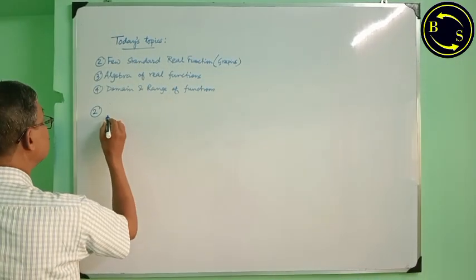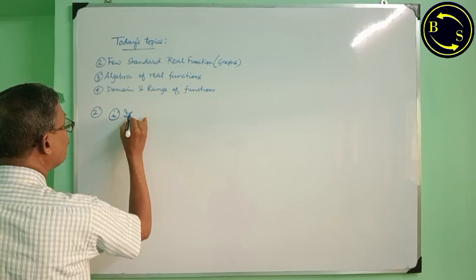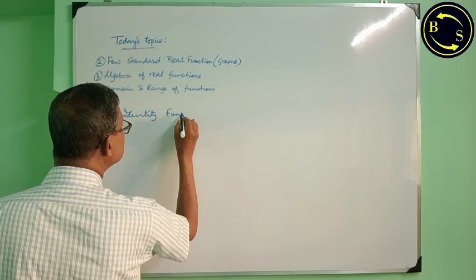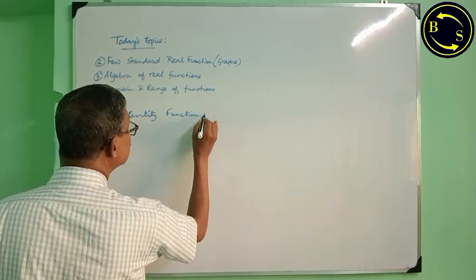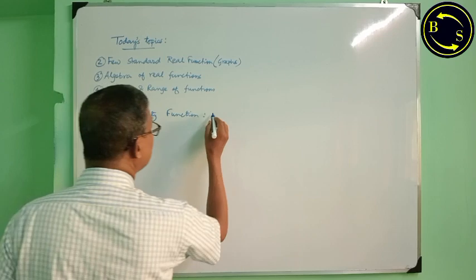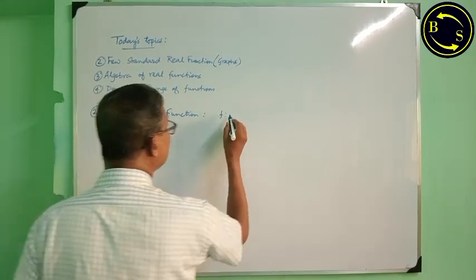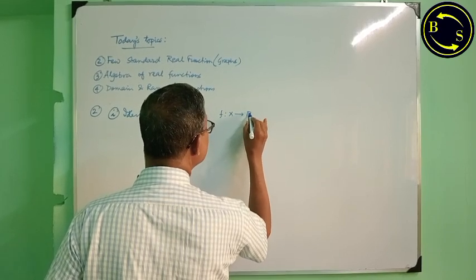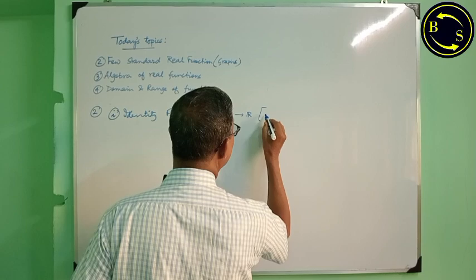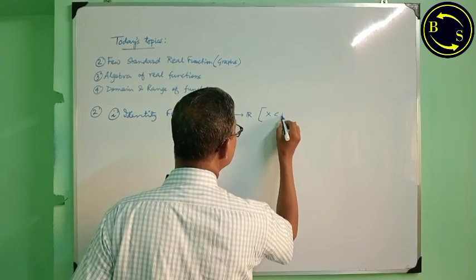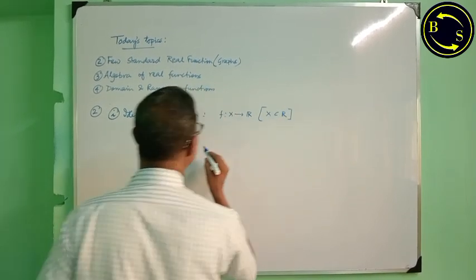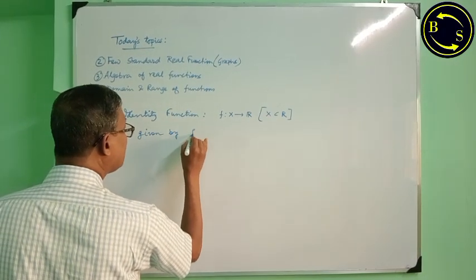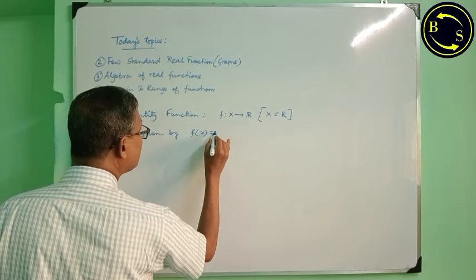Number one, identity function. Here the function is f from X to the set of reals, X is also a subset of the set of reals, given by f(x) equal to x.